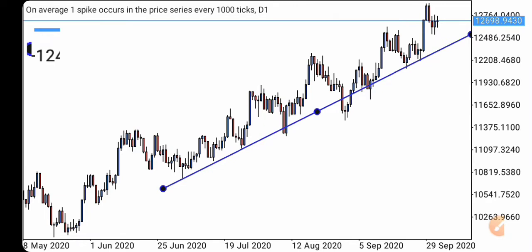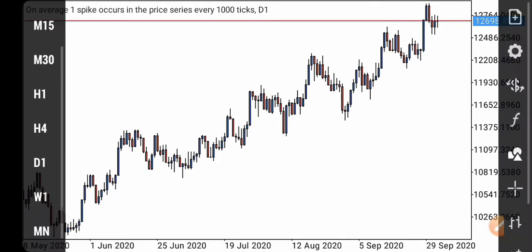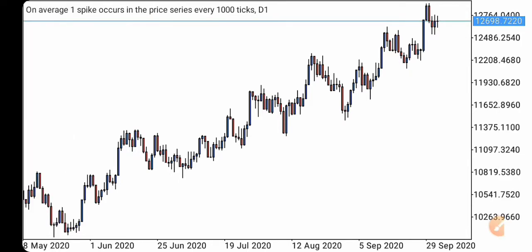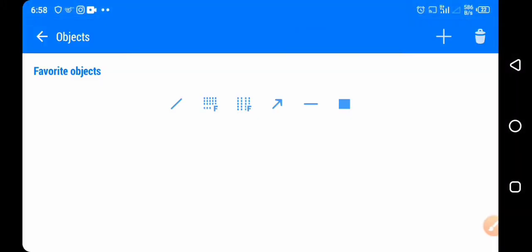Then after knowing the direction, what you need to do next is identify key support and resistance zones using your horizontal tools. So this is what we do on the daily time frame.